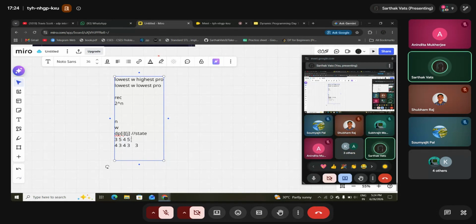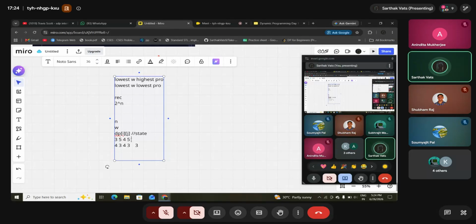I can either take a particular stone or I can't take that stone, right? Let's not call it stone, let's call it gold, since there's a value attached to it. So I can either take the gold or I can't take that gold.